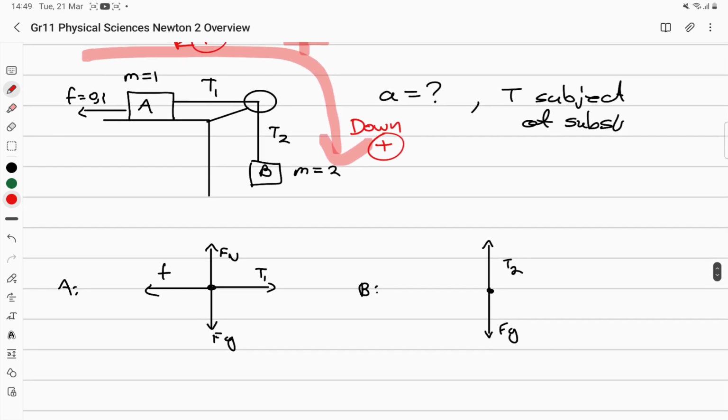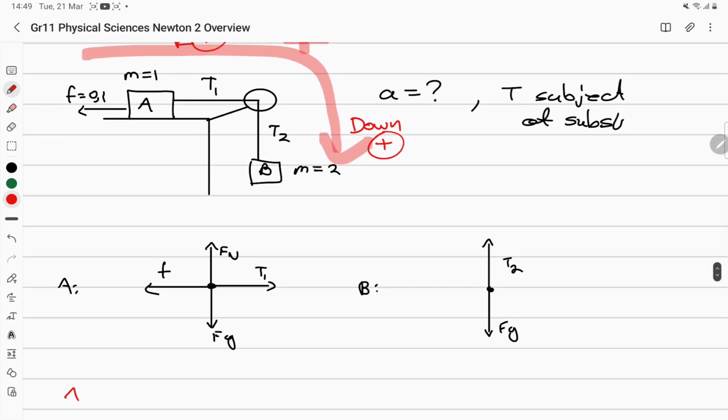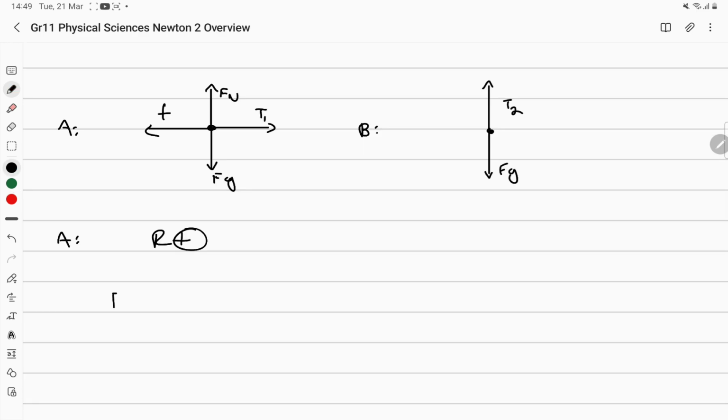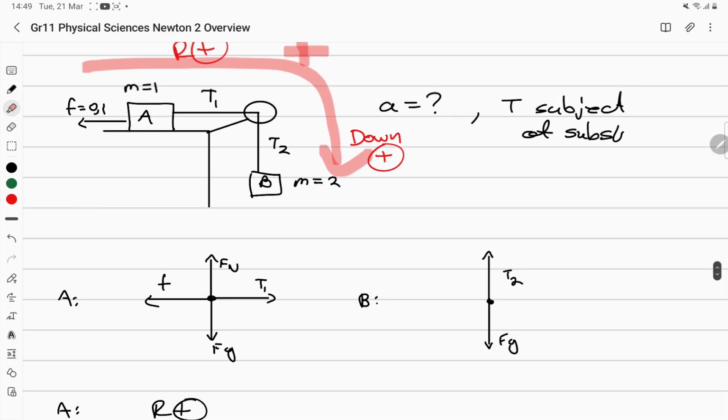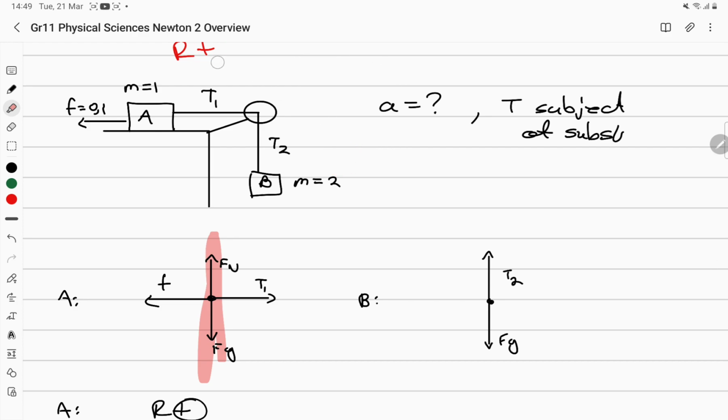Okay, so let's take a look. For the first equation, for A, Newton 2: F net is equal to ma. And what forces are we looking at here? We are looking at the acceleration of A. Is it accelerating up and down?